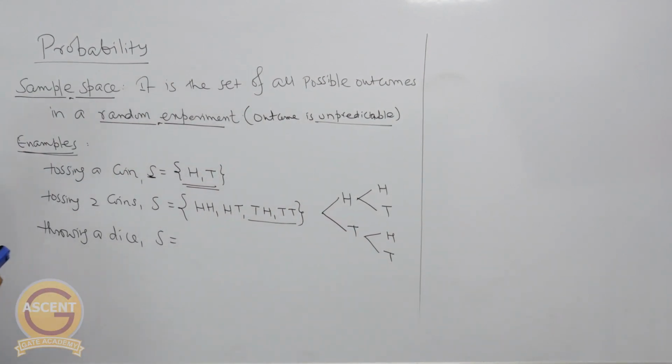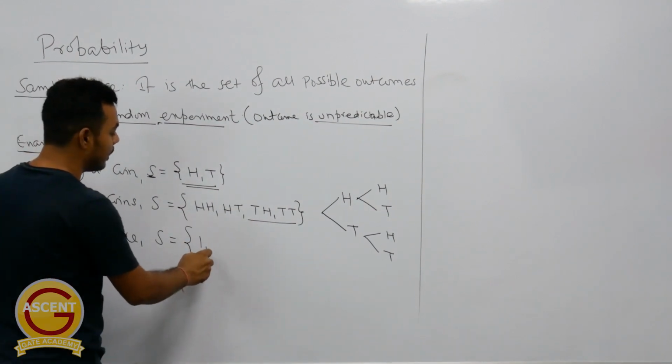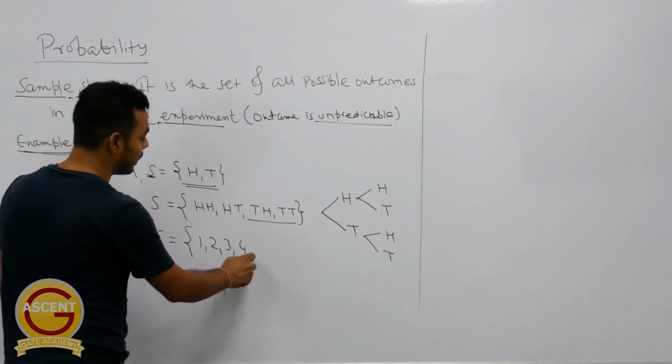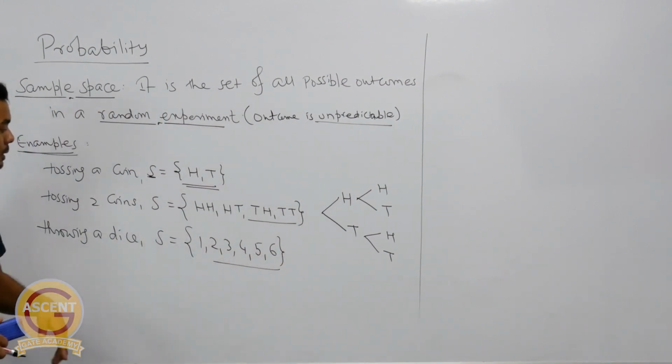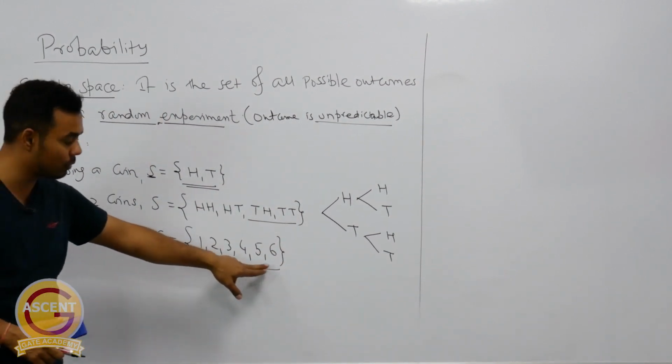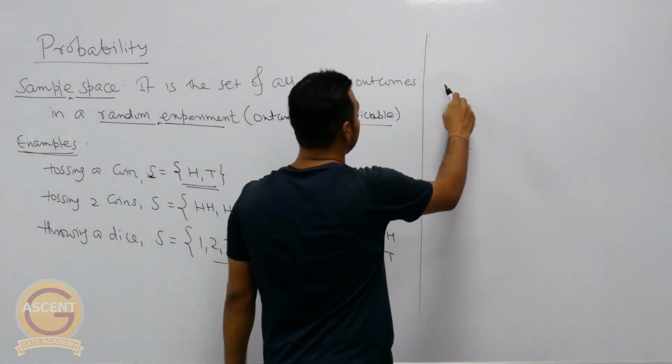So using a tree diagram also you can write the sample space. Another example that we can think of is throwing a dice. In this case there are a total of 6 possibilities, you can get any one of these 6 numbers, and therefore the sample space will be this set of numbers 1, 2, 3, 4, 5, 6.